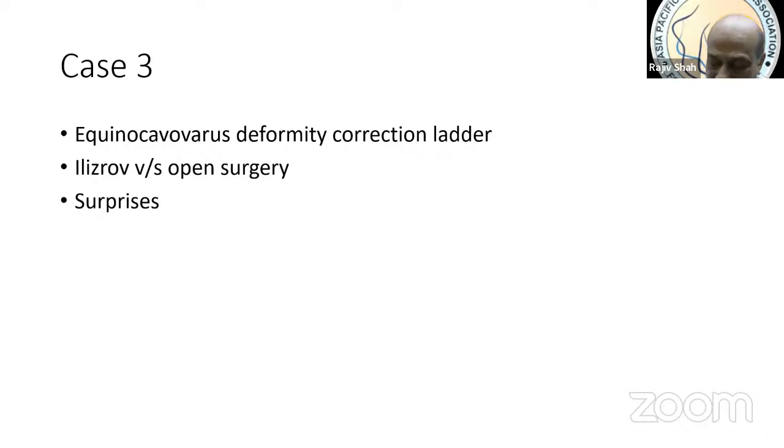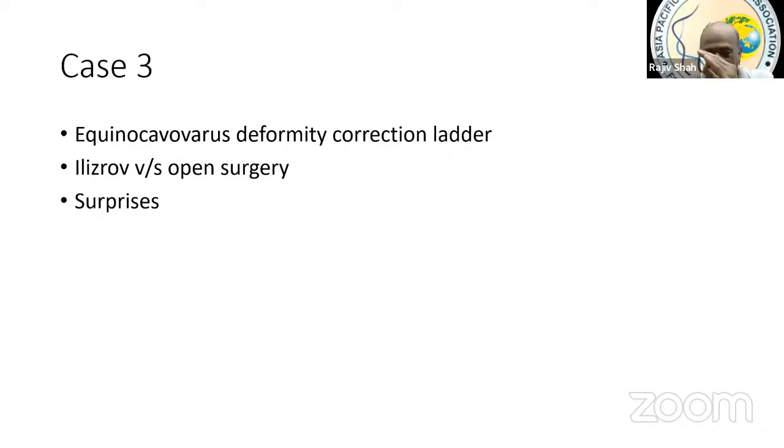So for an open surgery, the ladder of equinovarus correction is: you start with open tendoachilles lengthening, where in the Z lengthening the inferior arm of the Z is medial to reduce the medial pull. Then if that doesn't correct the equinus deformity, you can go ahead with posterior capsulotomy of the ankle.